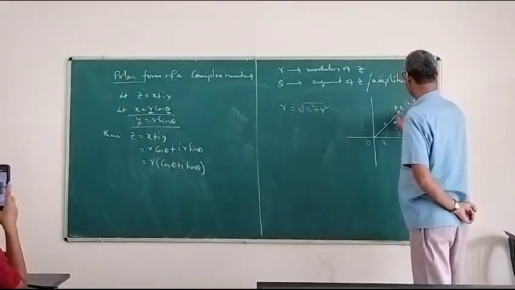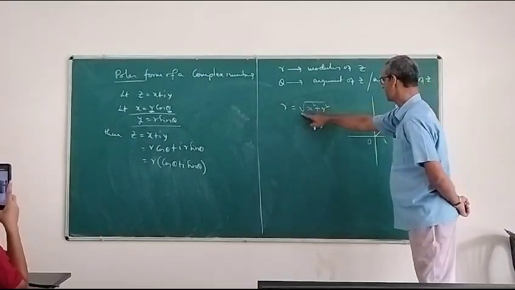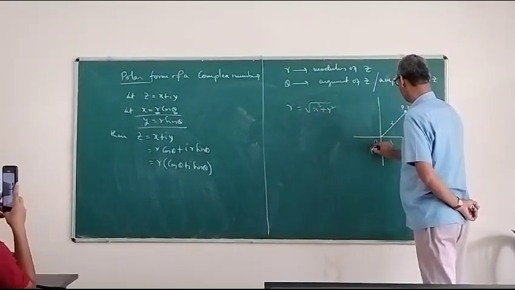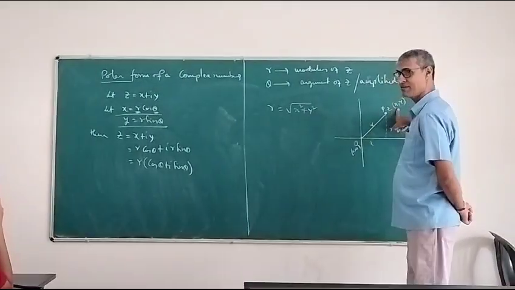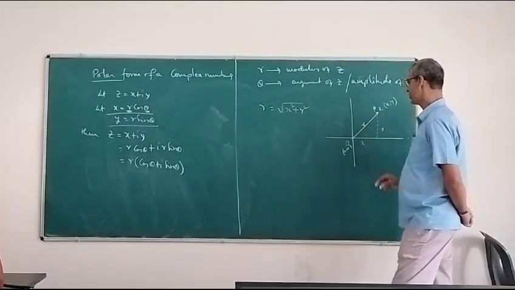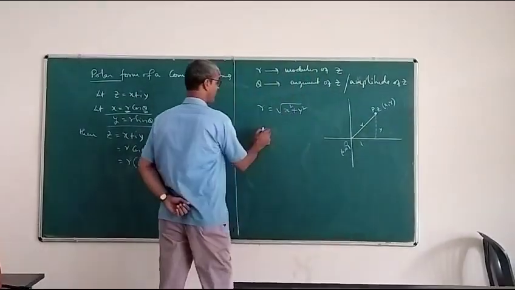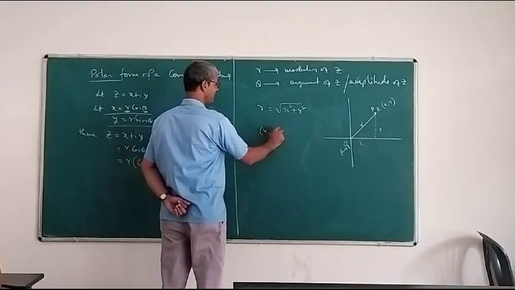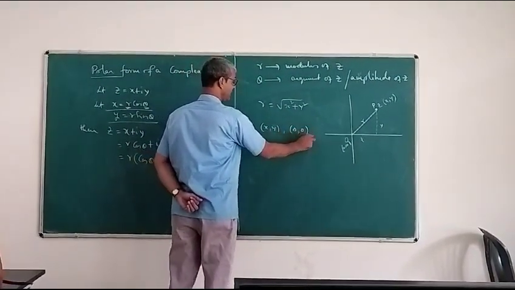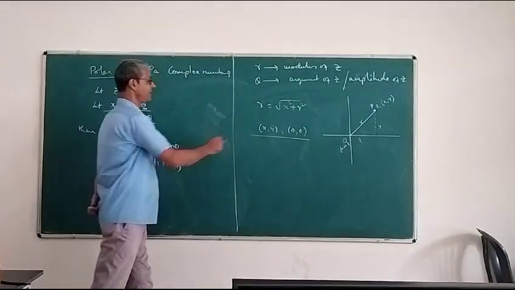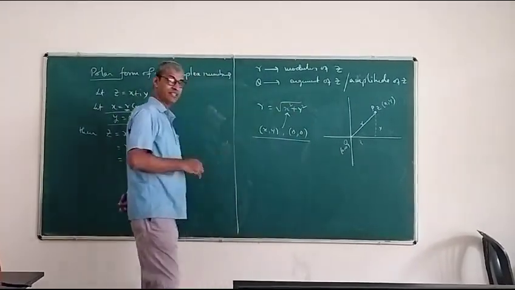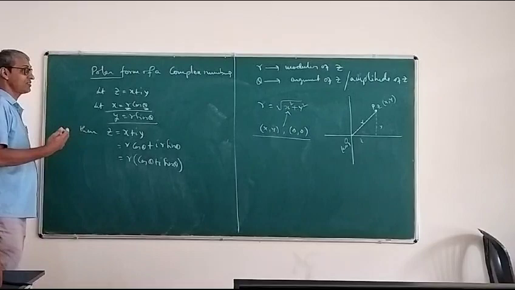This is nothing but the distance between (0, 0) and (x, y) by coordinate geometry. So distance is always positive.